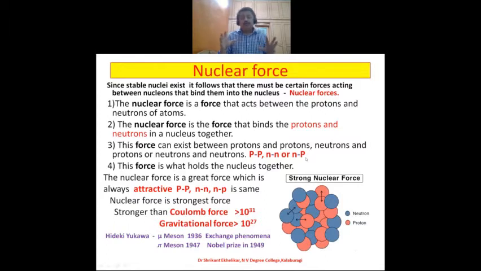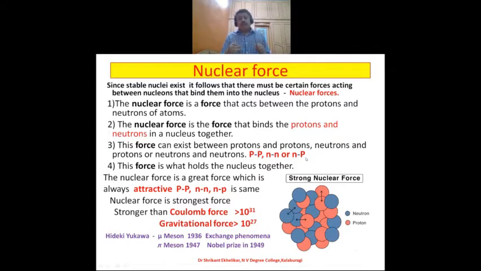In all these cases, this is very important, nuclear force is attractive. It has to be attractive. Otherwise, there would not be stability of the nucleus. Because the nucleus is stable, in its stable state, all these forces between two protons, between two neutrons, or a proton and a neutron are all attractive because of the nuclear force.